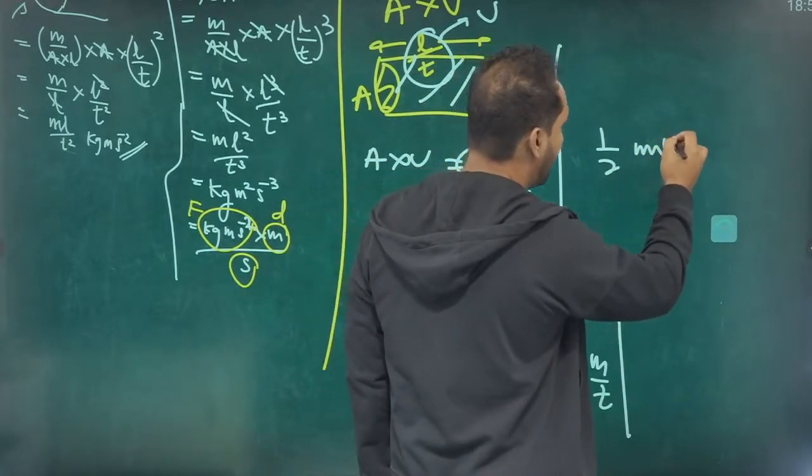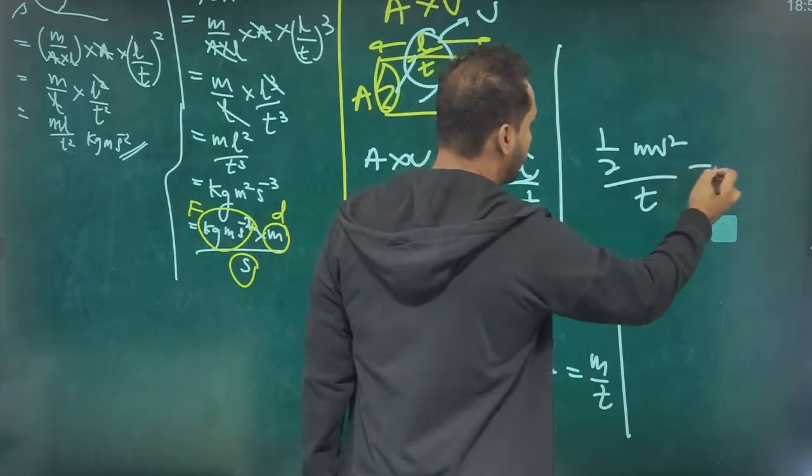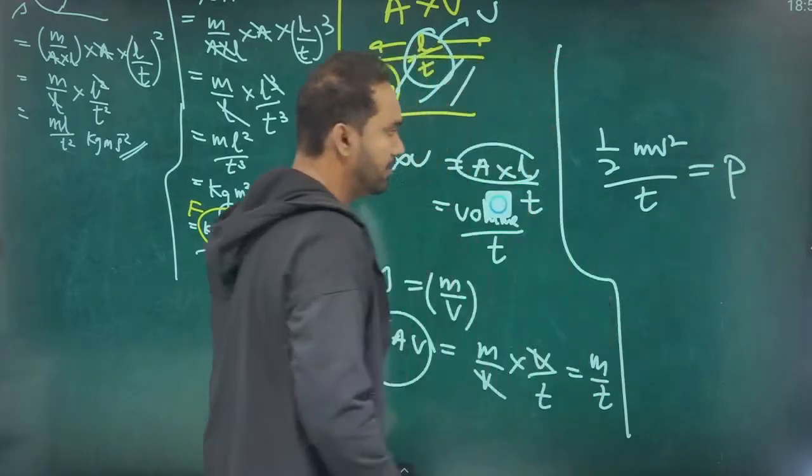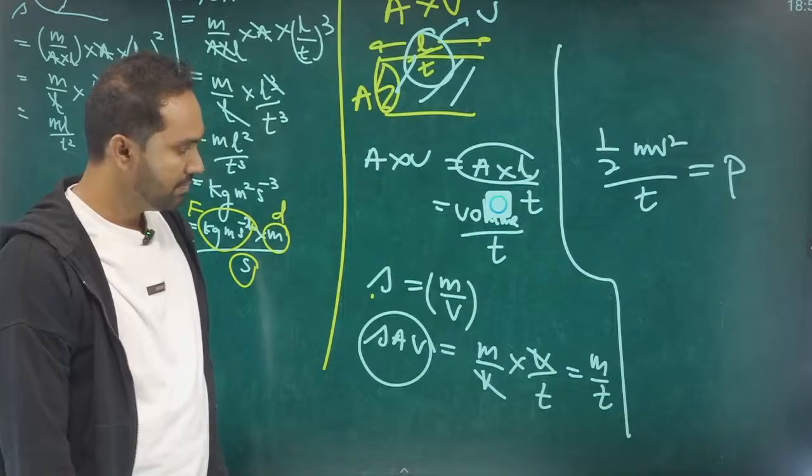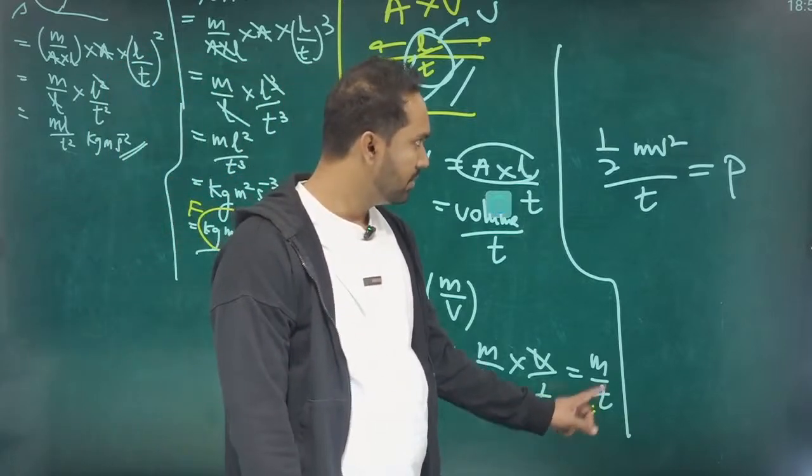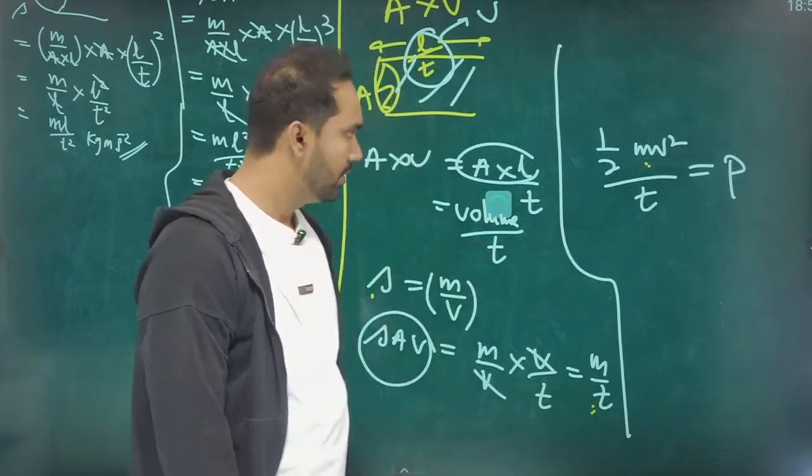Half mv square over t is again power, right?